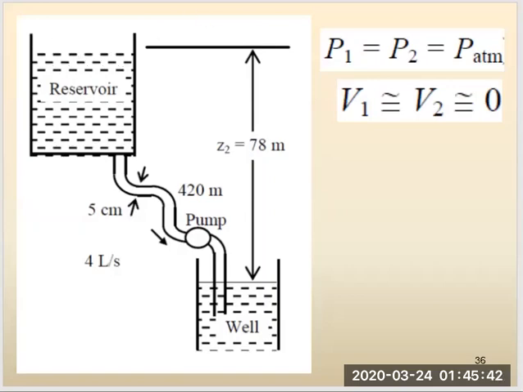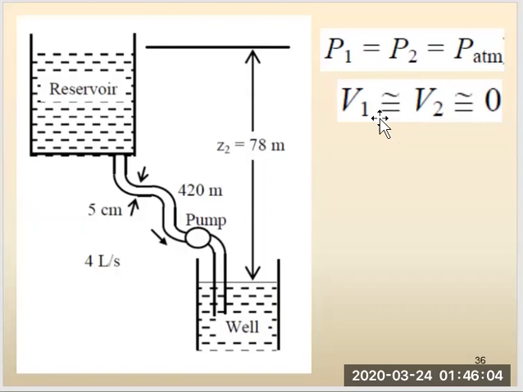We notice that the fluid at both points is open to the atmosphere. It means the pressures at point 1 and point 2 are equal to the pressure of the atmosphere. So P1 is equal to P2 is equal to the atmospheric pressure.